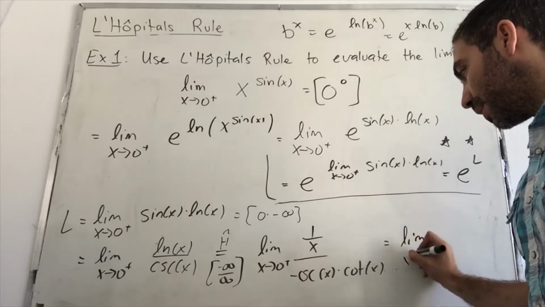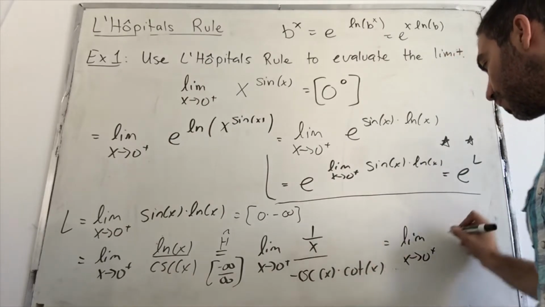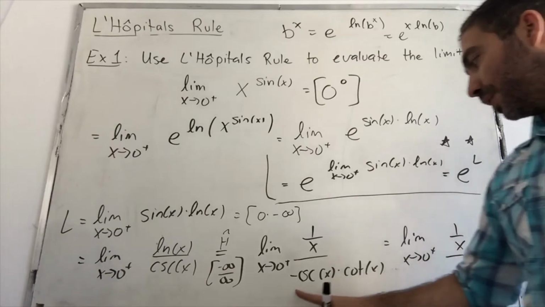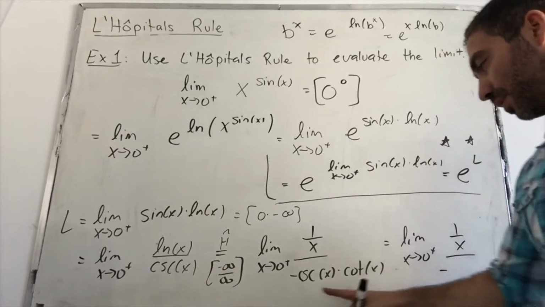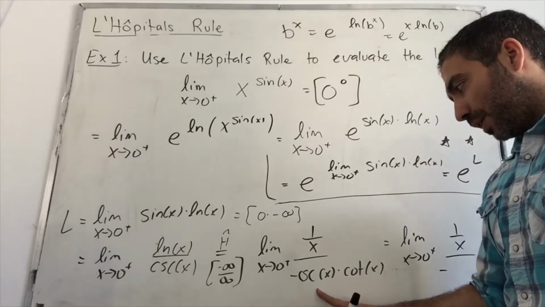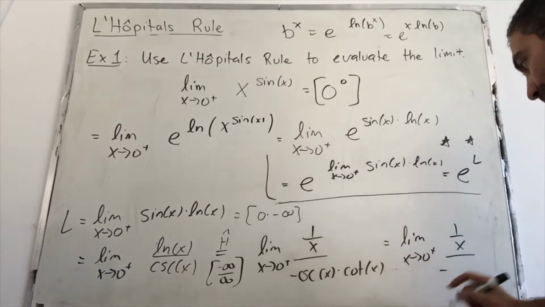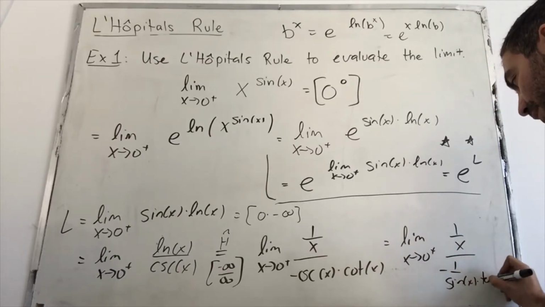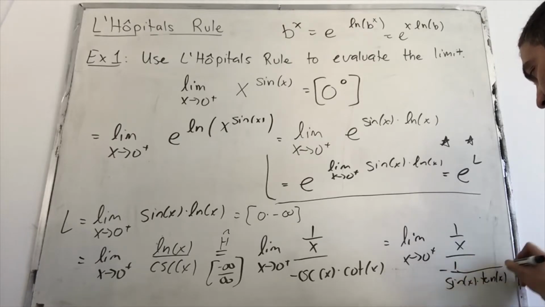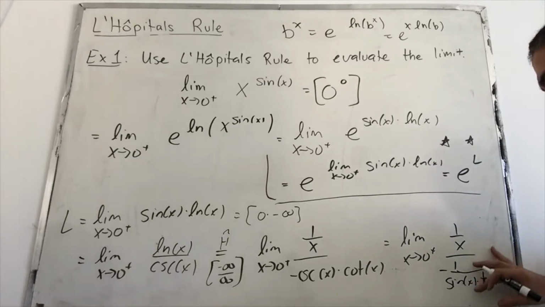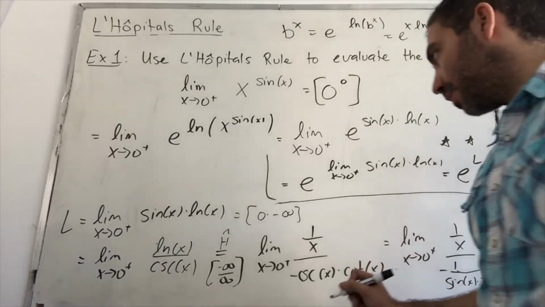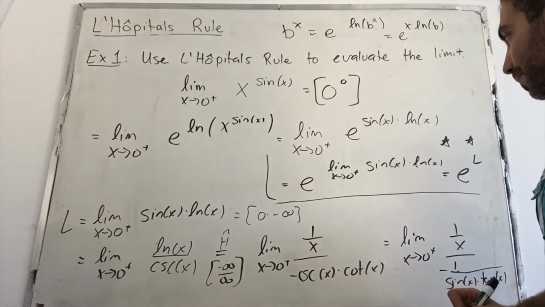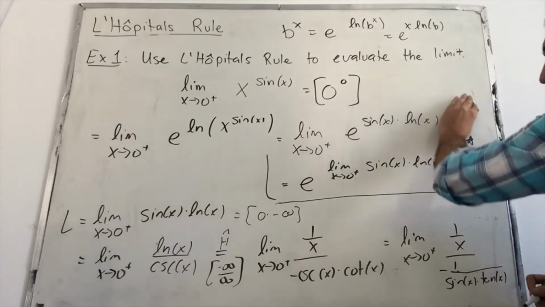This is equal to the limit as x goes to 0 from the positive side, 1 over x, over, this we can rewrite as negative 1 over sine times tan. And by flipping it, I'm running out of room, so I'm going to have to erase here on top.